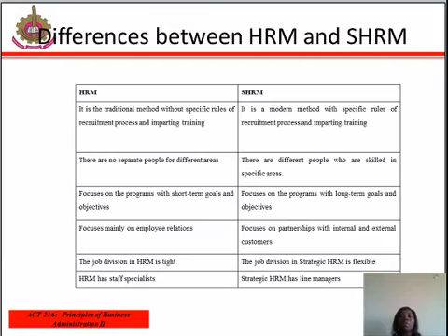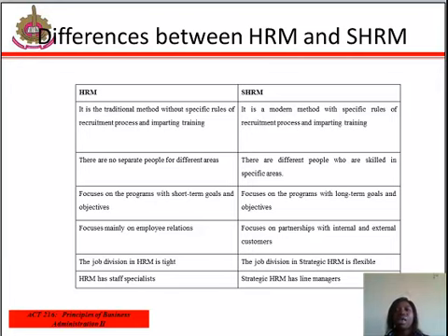So let's now talk about the difference between HRM and SHRM, that is, human resource management and strategic human resource management. In HRM, traditional methods are followed, while in SHRM, we have modern methods with specific rules of recruitment process and imparting training to them.